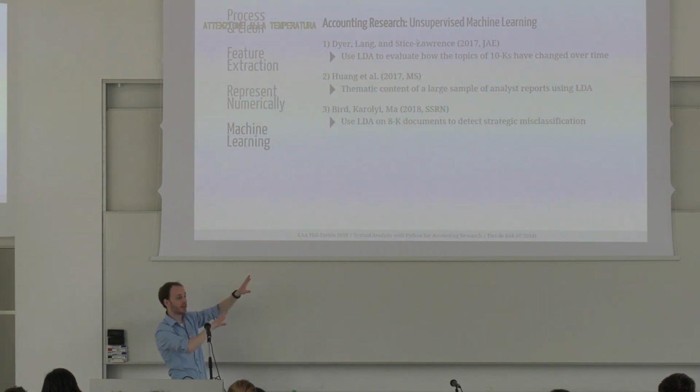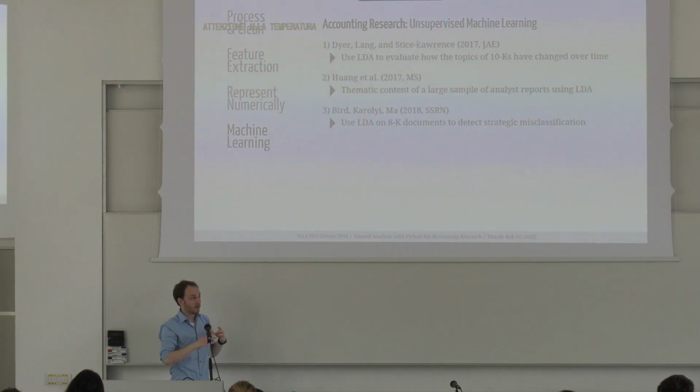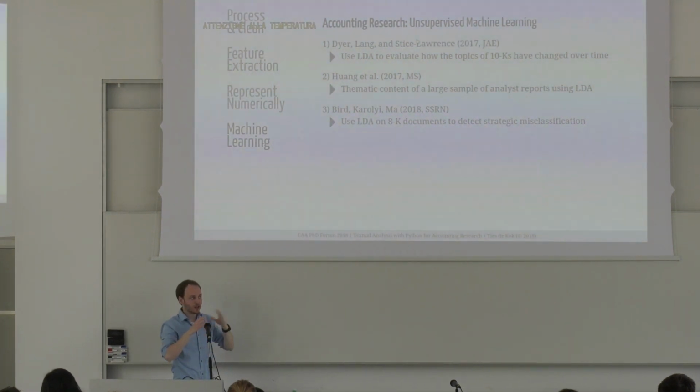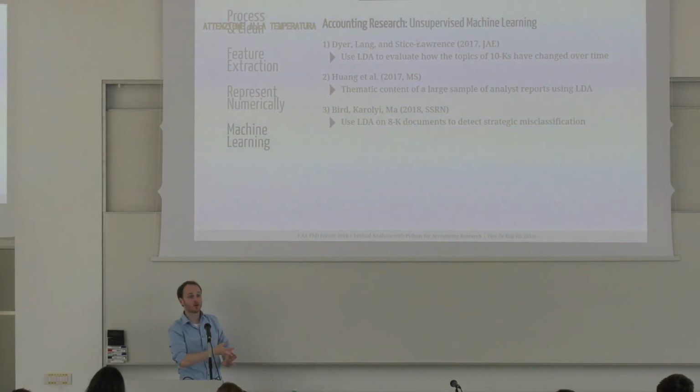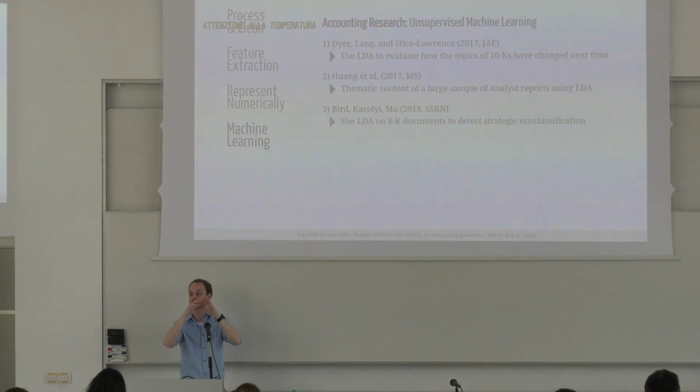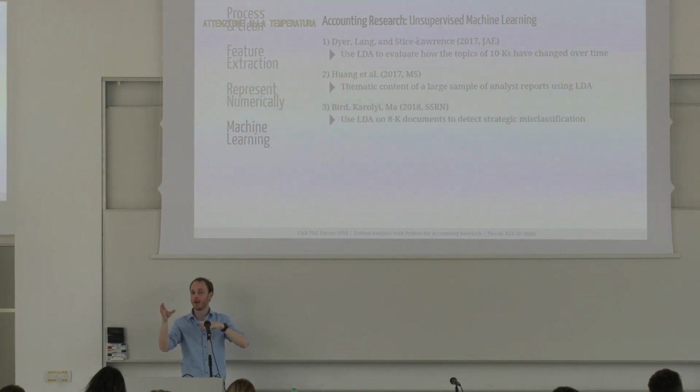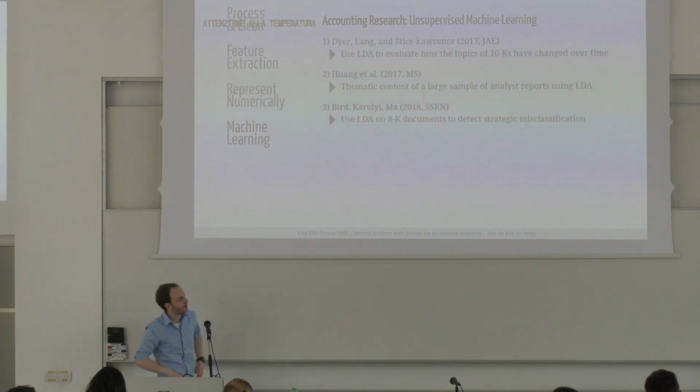So there are many different things you can do with this, but a word of advice: you can do it and it's easy to do, but there are a lot of choices that you need to make. If you look at these papers, try to be critical as to the number of topics that they look for, because you need to determine that. Try to be critical towards the way that they assign different groups to different topics, because the code is not going to do that for you.